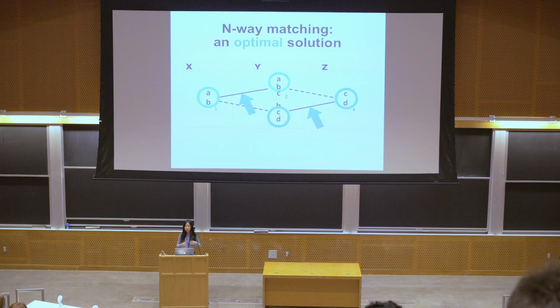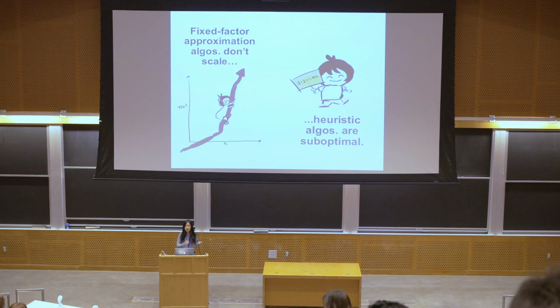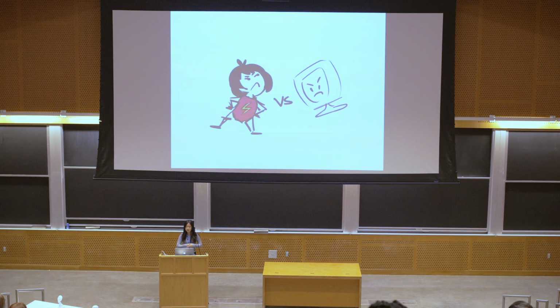This process of looking for an optimal solution is NP hard, and it turns out that current approaches used to solve n-way matching either take forever to compute or they produce crappy solutions. So this is why we're turning to serious games to see if human abilities can outsmart existing algorithmic approaches.